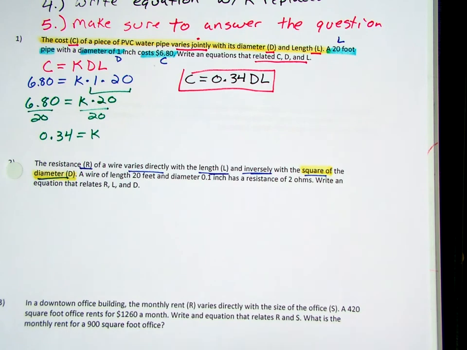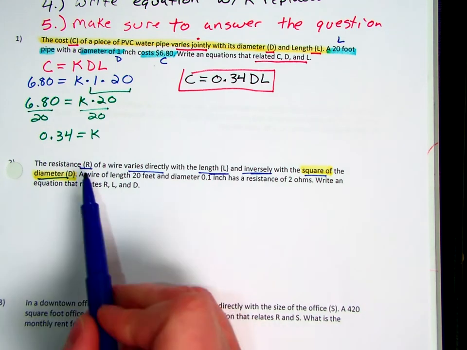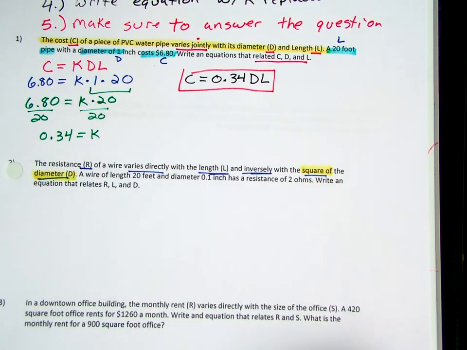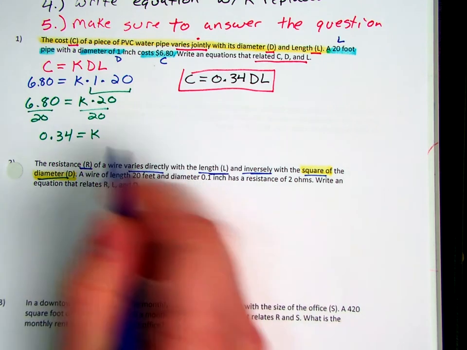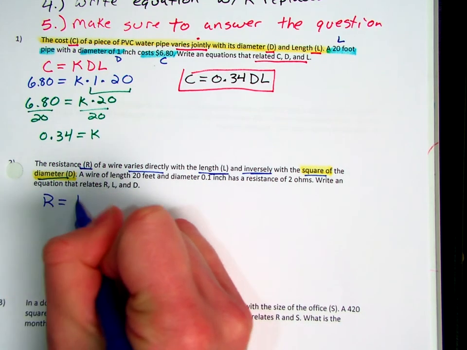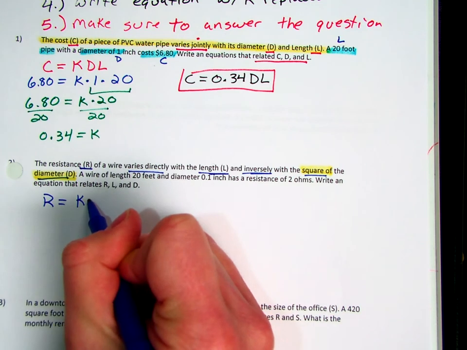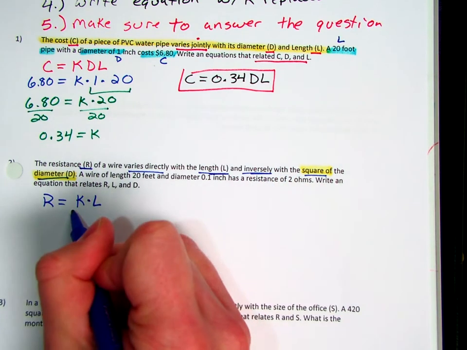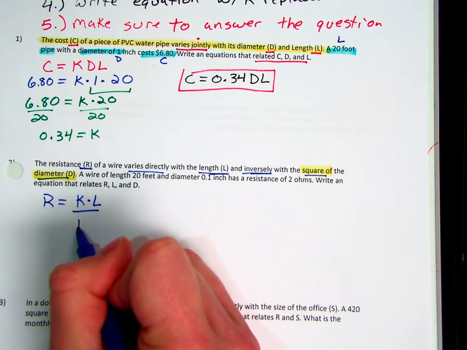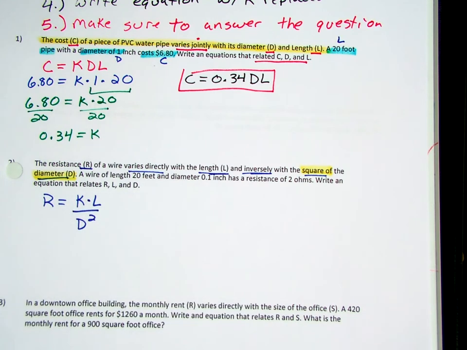Make sure you read the whole thing and not just look for the letters that are in the word problem. So R varies directly with L, means R equals K times L, and inversely with the square of the diameter. Remember, inverse means dividing, so we're dividing by the diameter squared.